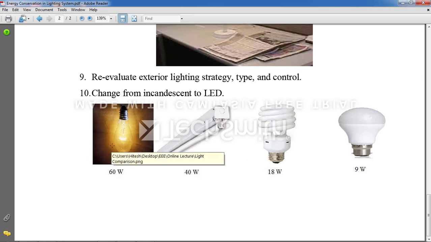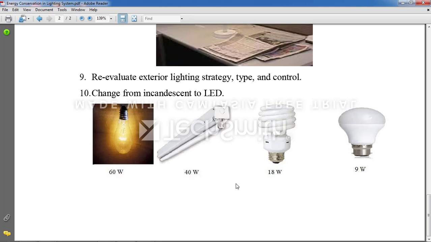This is an incandescent bulb. The power consumed by an incandescent bulb is 60 watt, and the illumination was yellowish, dull colored. Next, after the invention of the fluorescent tube, which we normally call tube light, the consumption is only 40 watt, meaning we saved 20 watt for the same size of room.